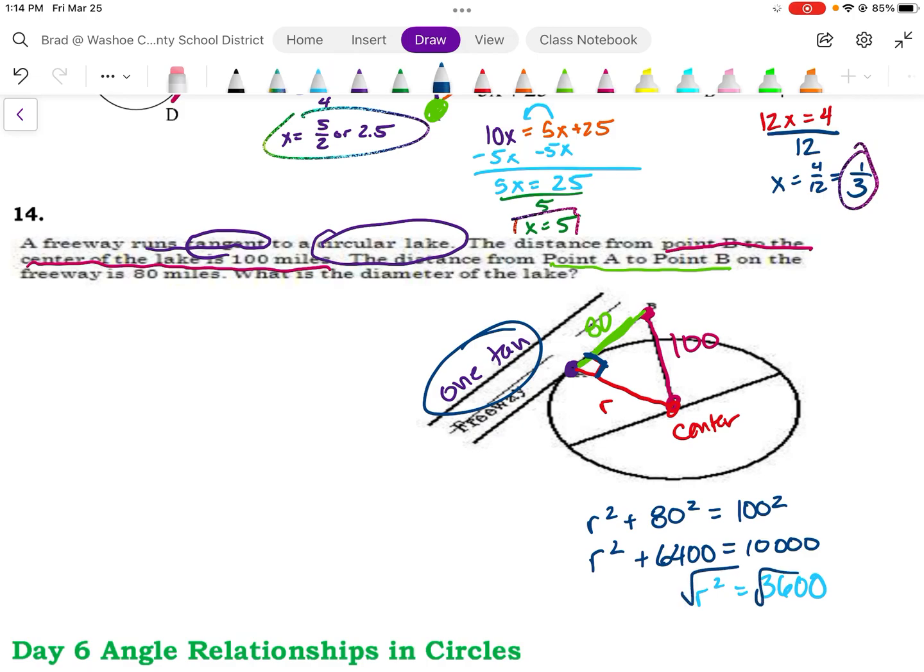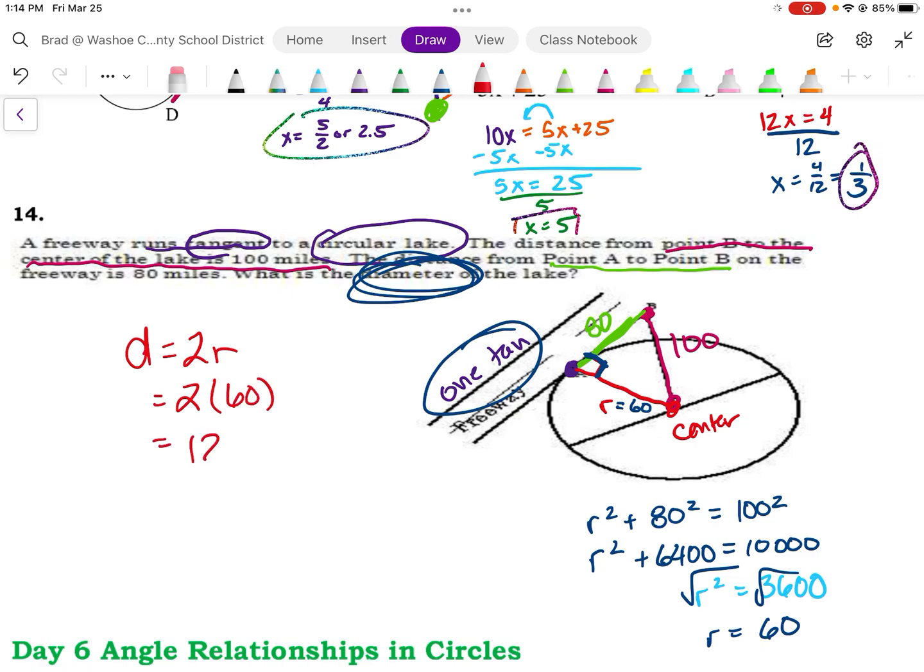And then when we take the square root of both sides, we get r is equal to 60. So that means here the radius is 60. Well, I want the diameter here. So we're going to remember that the diameter is twice the radius. So 2 times 60 means it's 120 miles, which seems like a giant lake, but there you go.